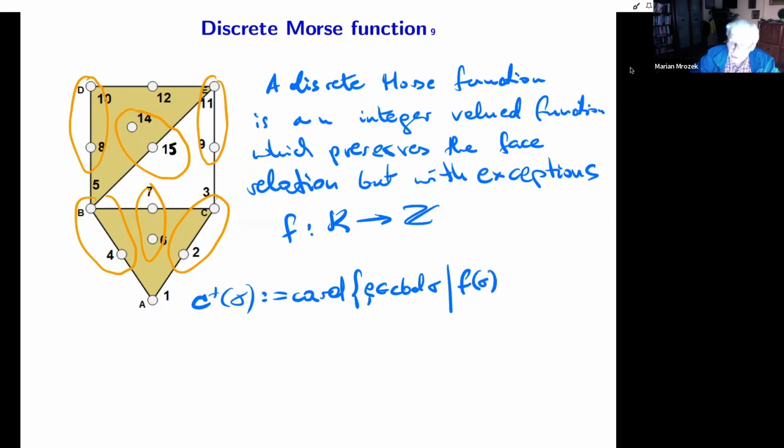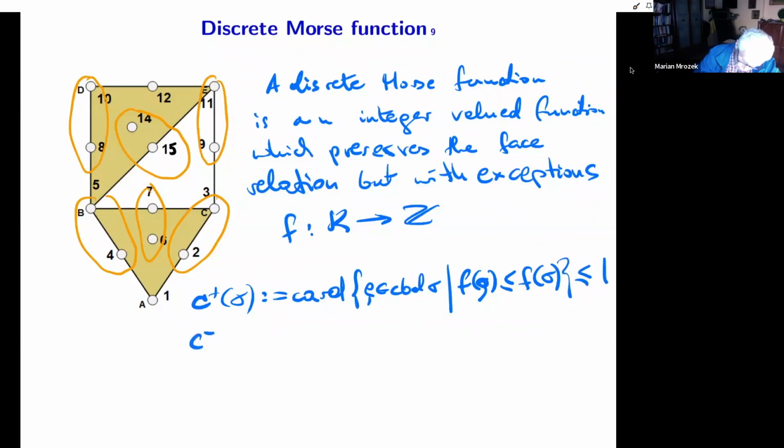Since sigma is a facet of rho, the value at rho should be greater or equal, but an exception is just the opposite. And we request that the number of exceptions for sigma should be not greater than 1.